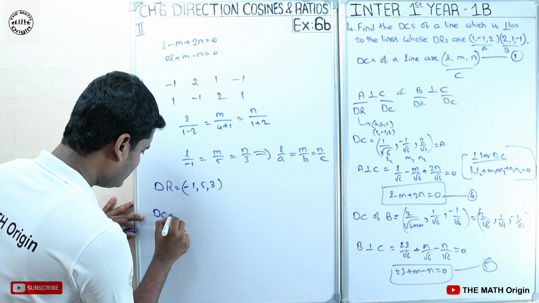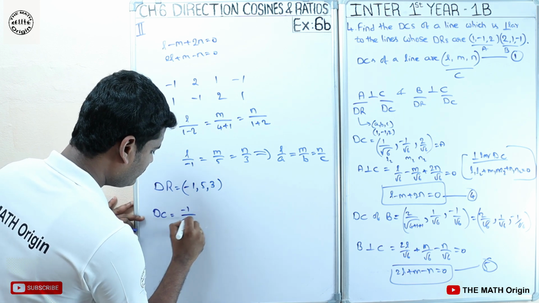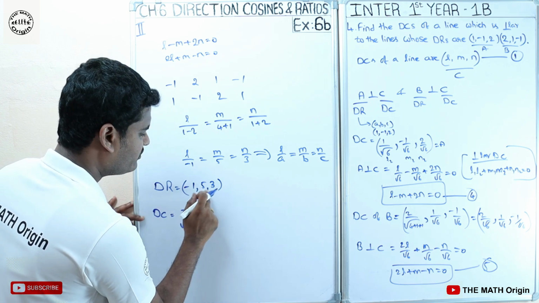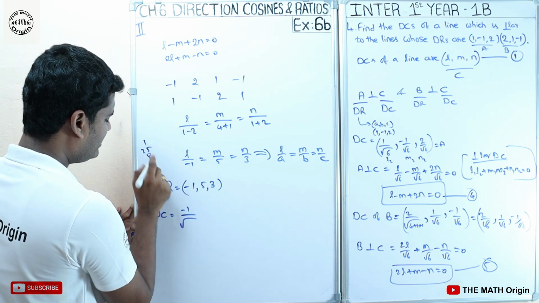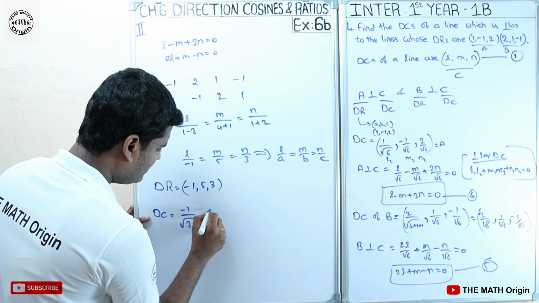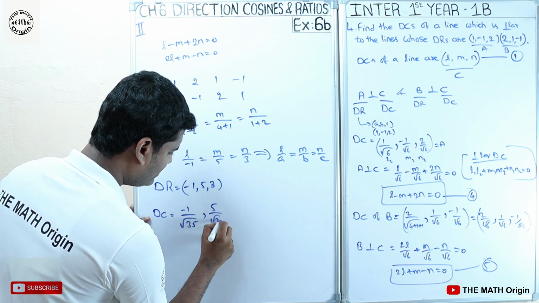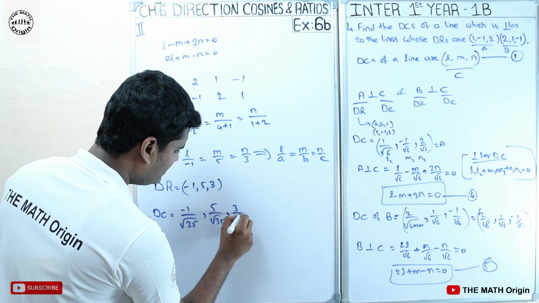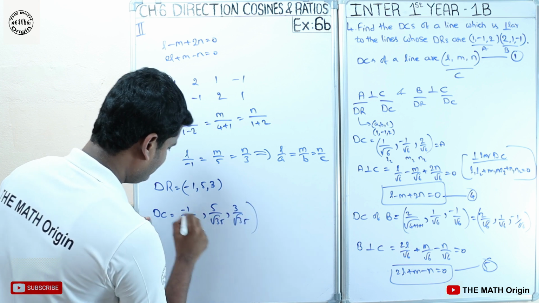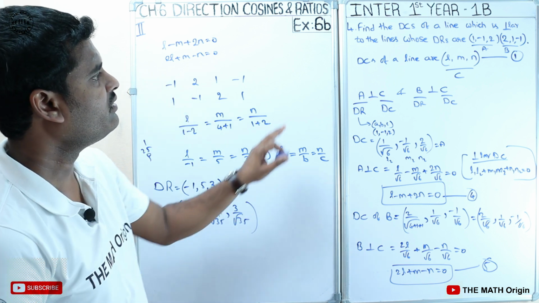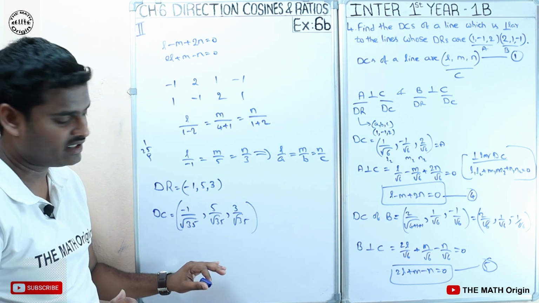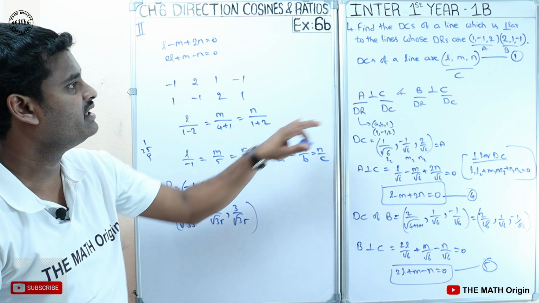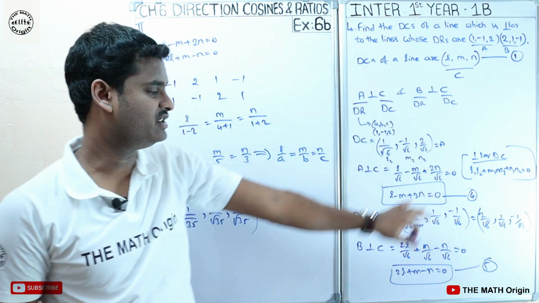So the direction cosine is minus 1 by root of 1 square plus 5 square plus 3 square, means 1 plus 25 plus 9, which is 35. The same way 5 by root 35, and 3 by root 35. These are the direction cosines of the line derived from the given direction ratios.